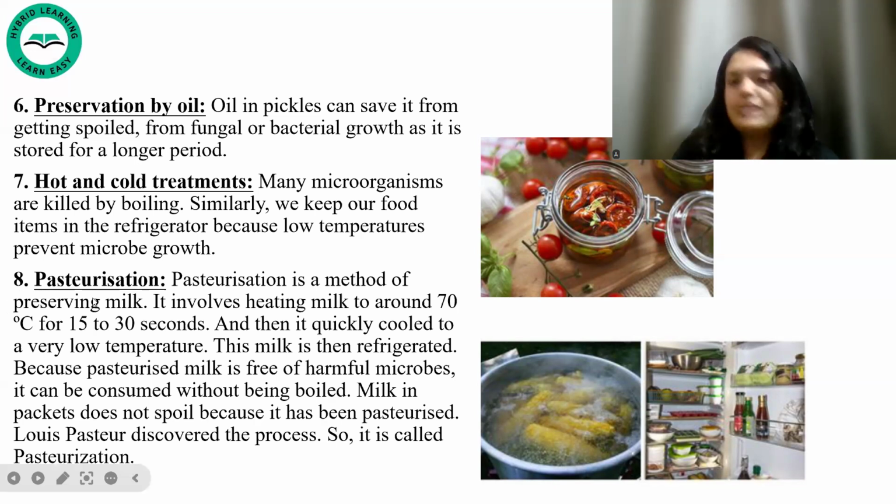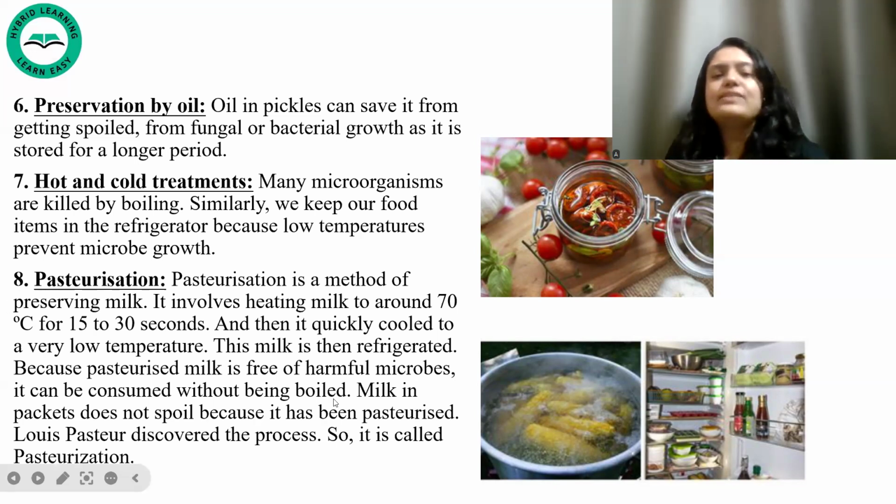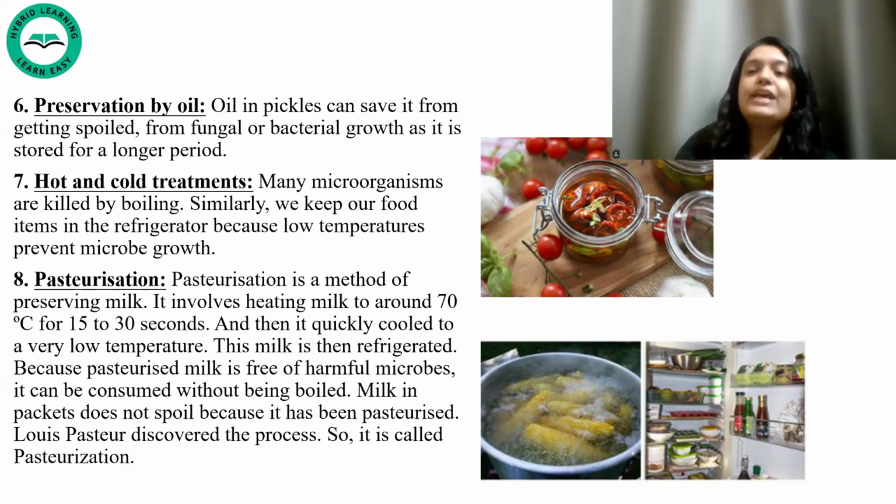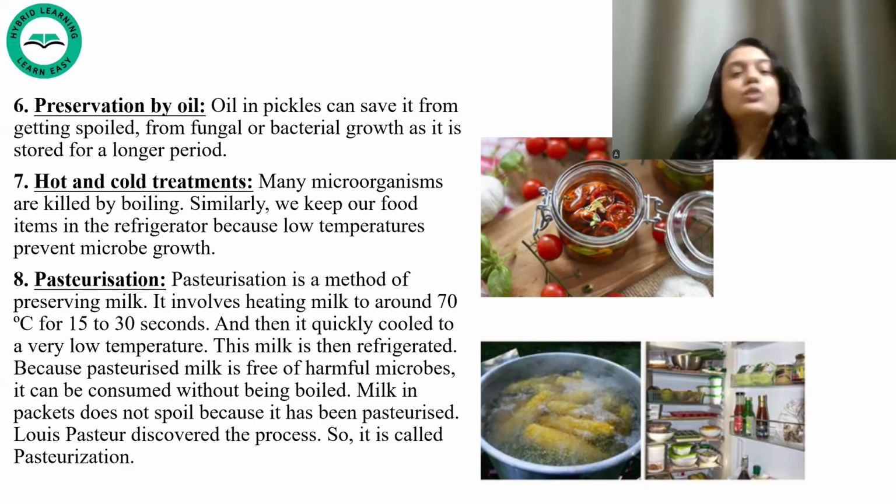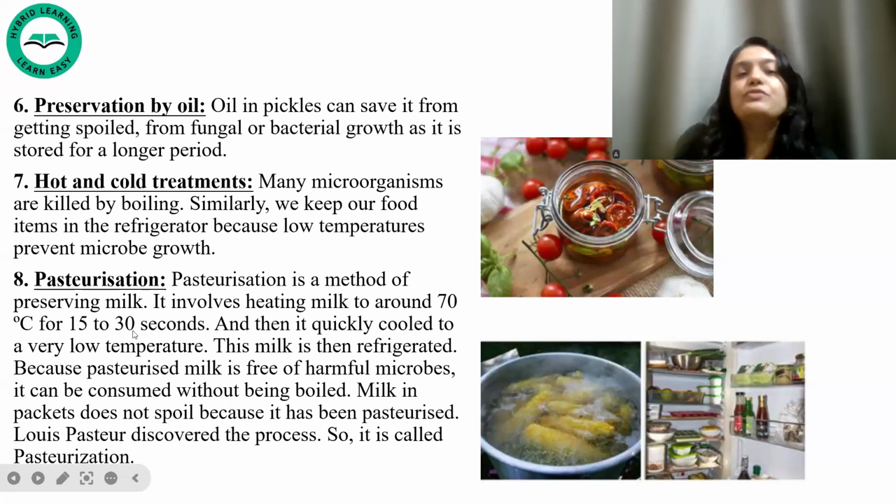Next is pasteurization. Now, pasteurization is a very important technique to preserve milk. It was called pasteurization after Louis Pasteur, who discovered the process. So basically what happens here? Milk is heated to around 70 degrees C for 15 to 30 seconds, and then it is quickly cooled to a very low temperature.